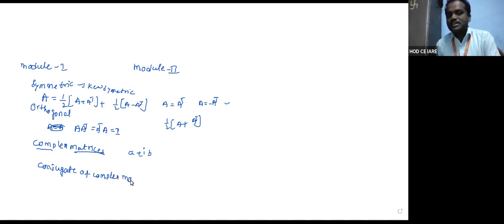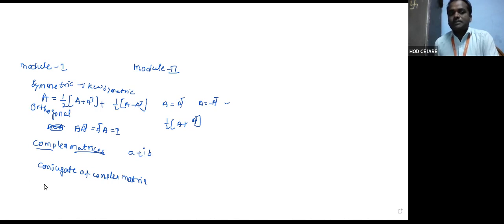Any complex number is written as a real part and an imaginary part. The sign before the imaginary part is changed, so a minus becomes a plus and a plus becomes a minus. That matrix is called the conjugate of the complex matrix.